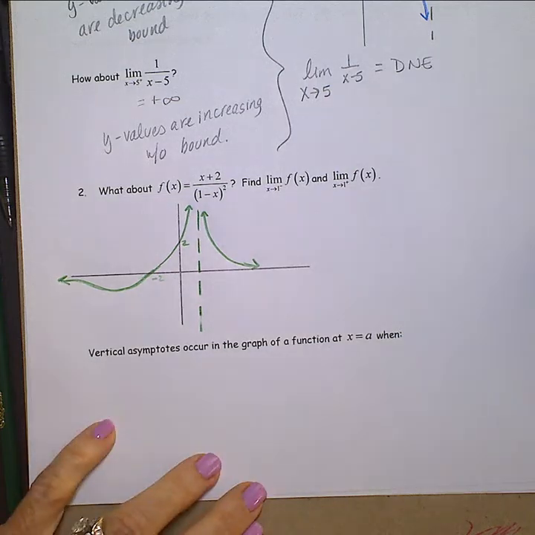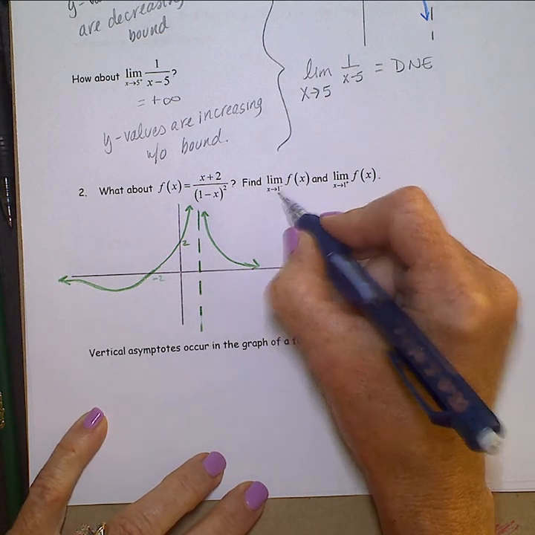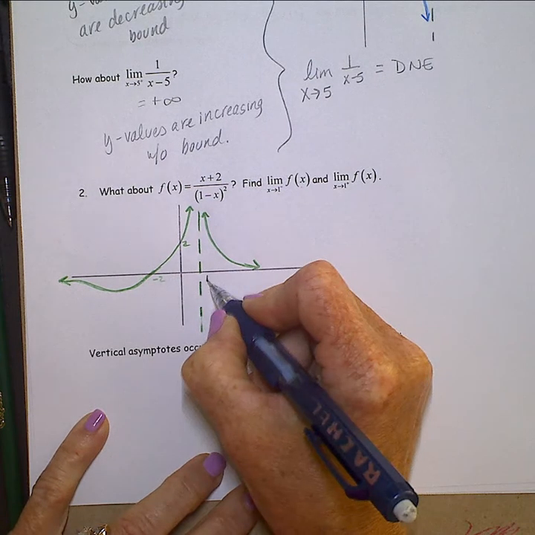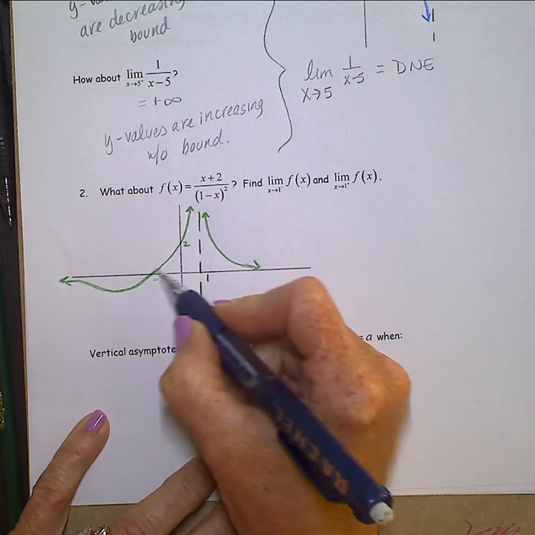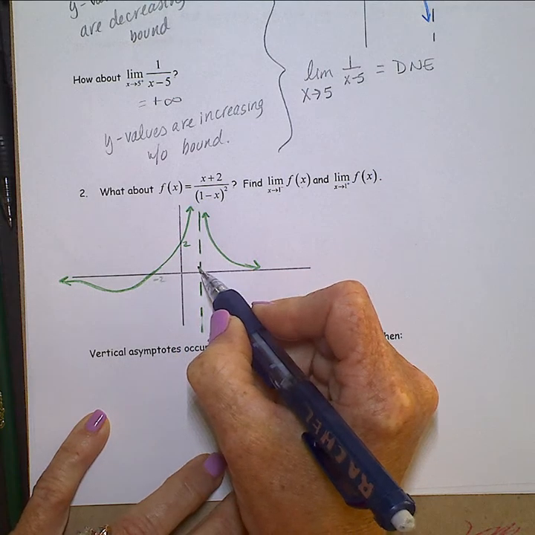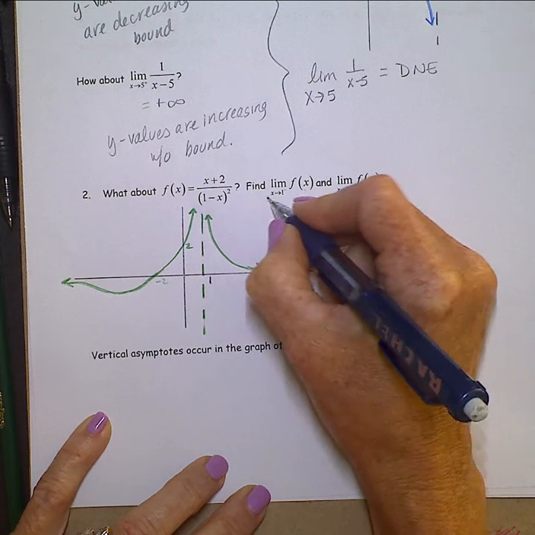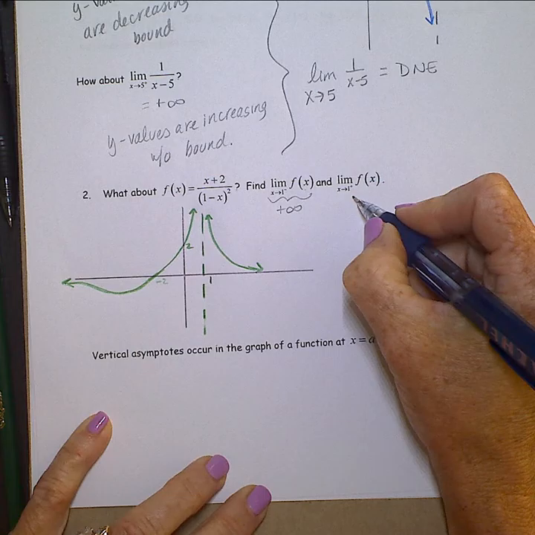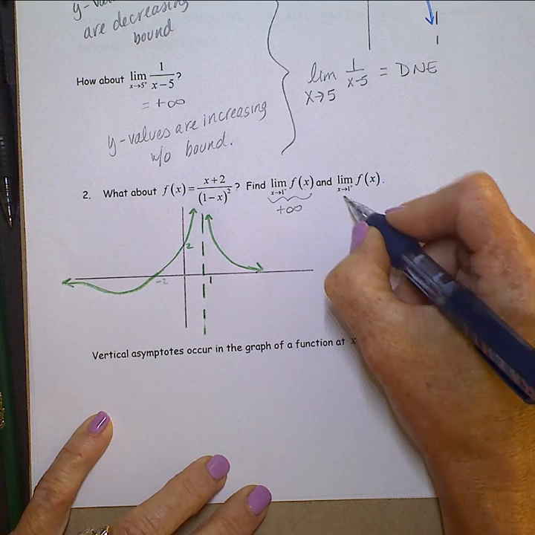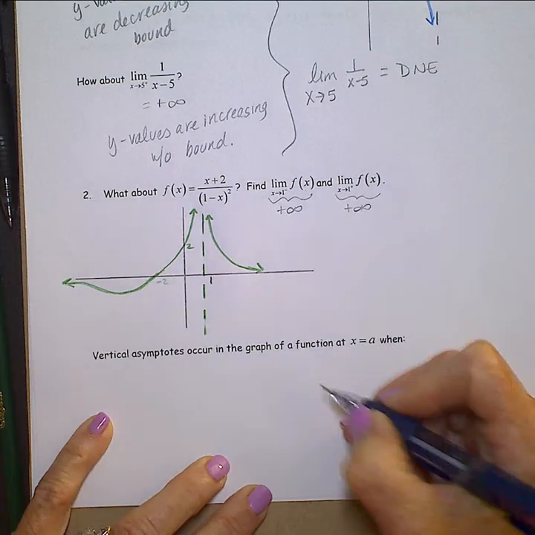Now let's find these limits. What's the limit as x approaches 1 from the left? This vertical asymptote is happening right here at x equals 1. Approaching 1 from the left, Nick, where are they going? Positive infinity, yeah. How about the limit as x approaches 1 from the right? Maddie, what's that one? Also positive infinity.